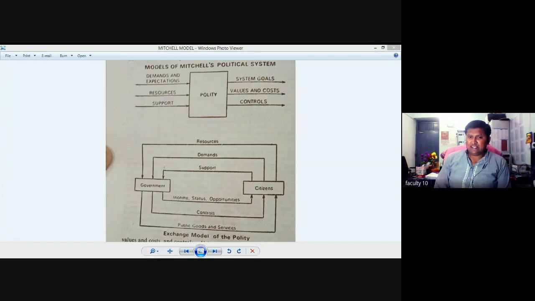So this is the exchange model of polity. And Mitchell, as a man of economics, has used economic tools in developing his model of political system.